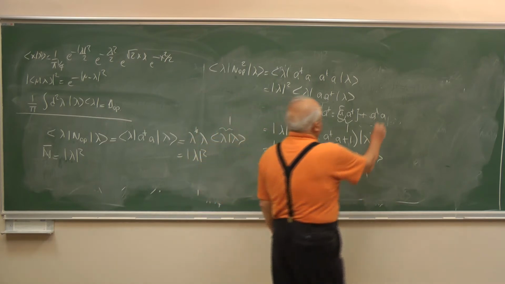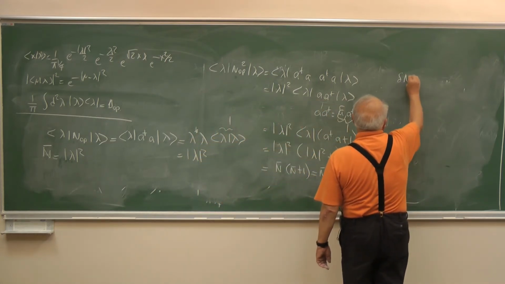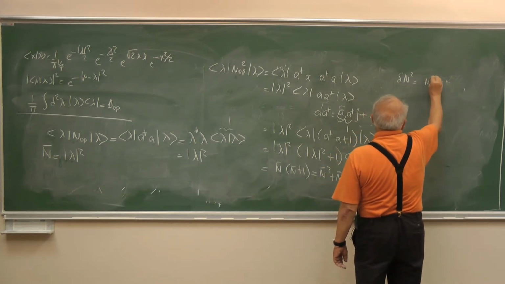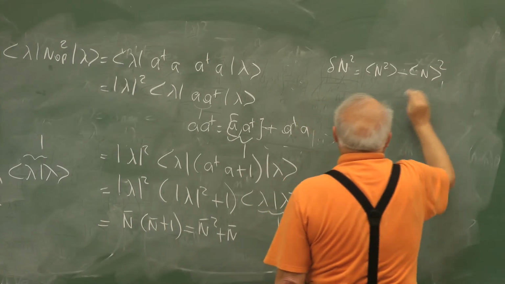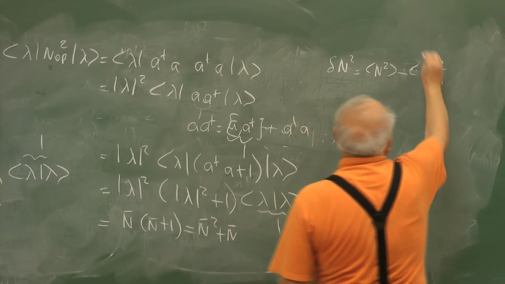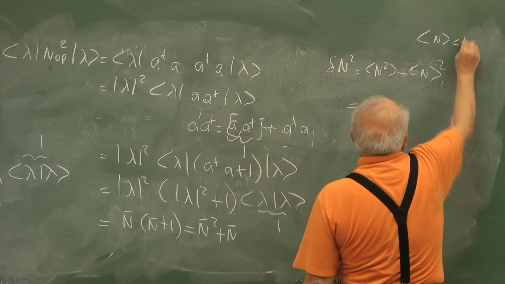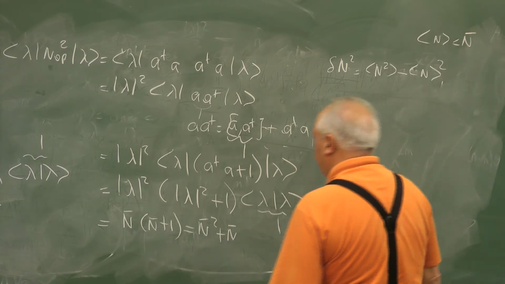So what's the variance? Delta n square is equal to n square average minus n average squared. I am using these interchangeably.